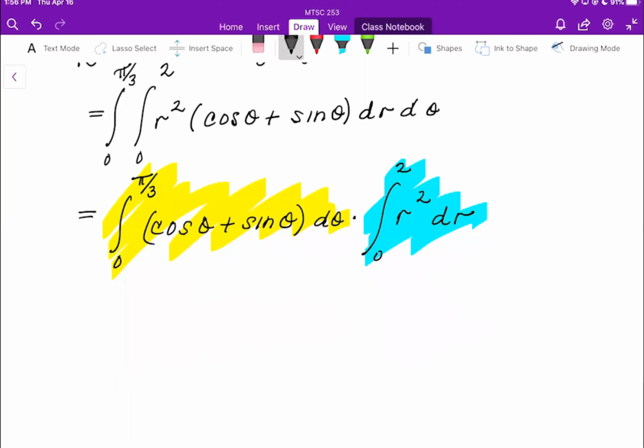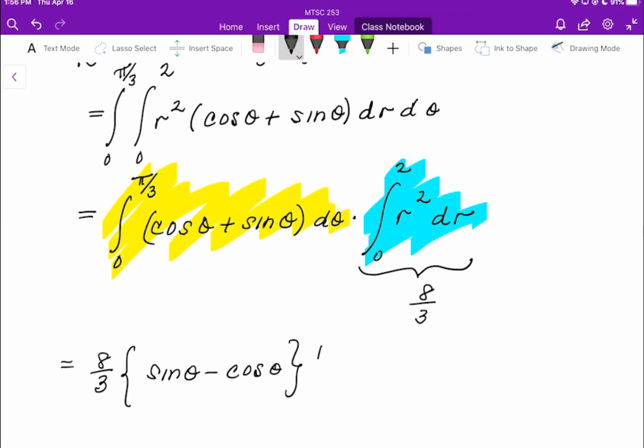This integral is easy. It becomes 1/3 r cubed, evaluated from 0 to 2. So this just becomes 8/3. And then when I do the other integral, cosine integrates to sine of theta, sine integrates to minus cosine, evaluated between 0 and pi over 3.